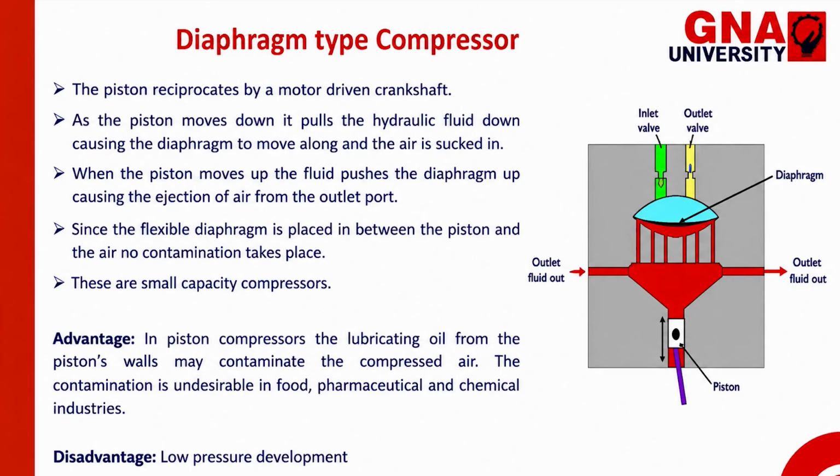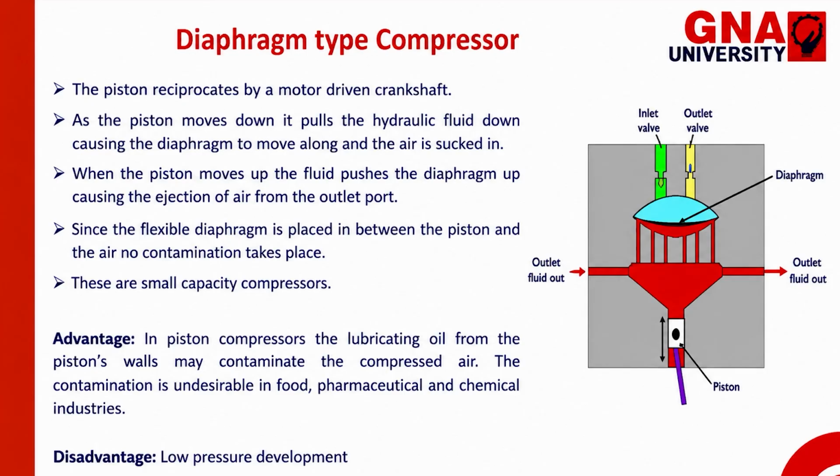Now when the piston moves upward, due to this fluid link that links the piston and the diaphragm, the diaphragm moves upwards. When the piston moves inwards, the air from this blue area goes to the air outlet, and that is the compressed air.